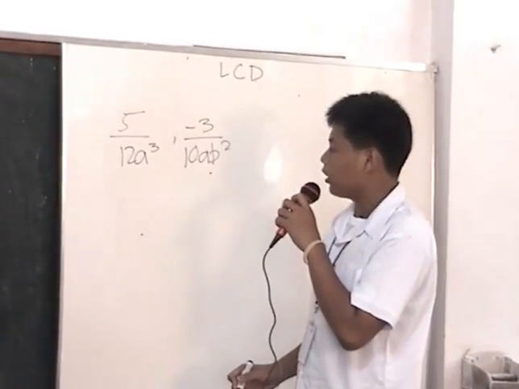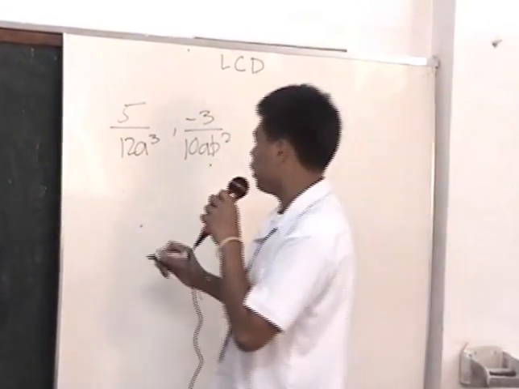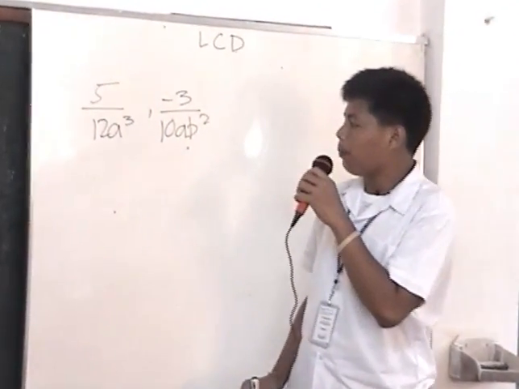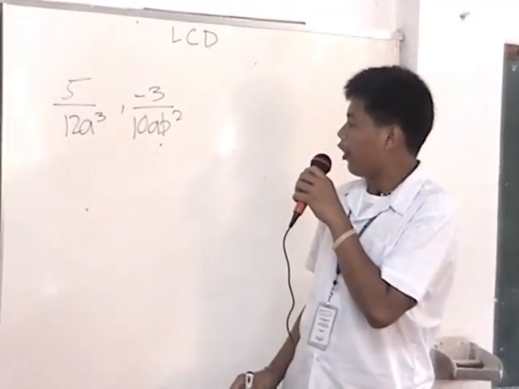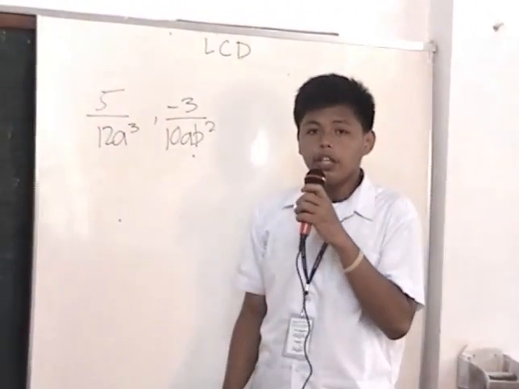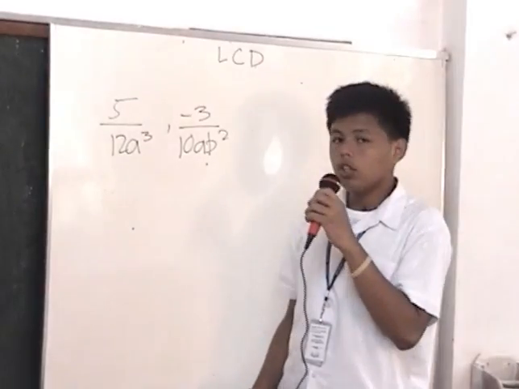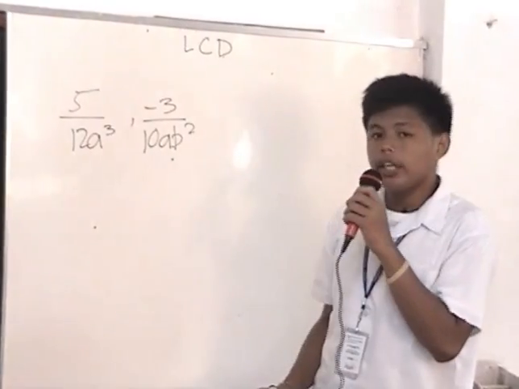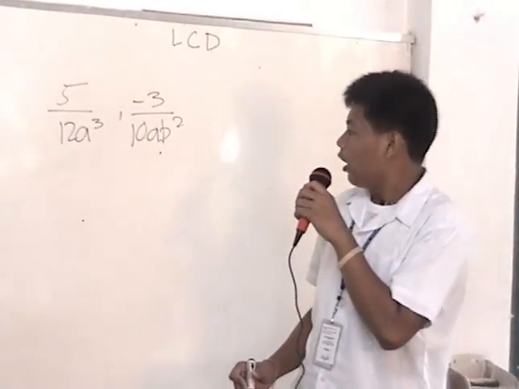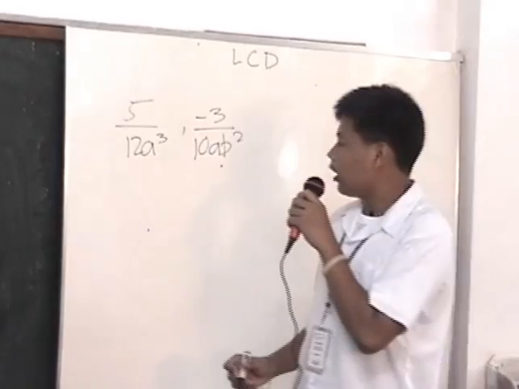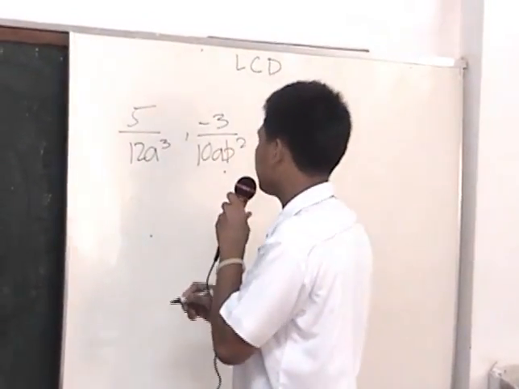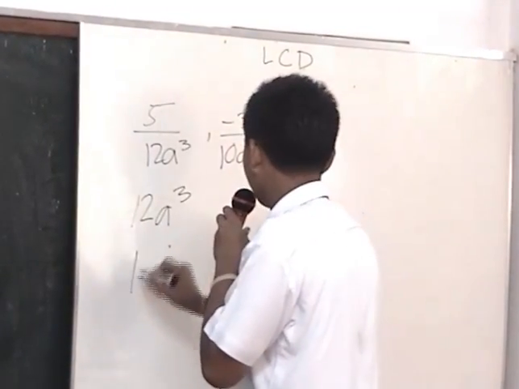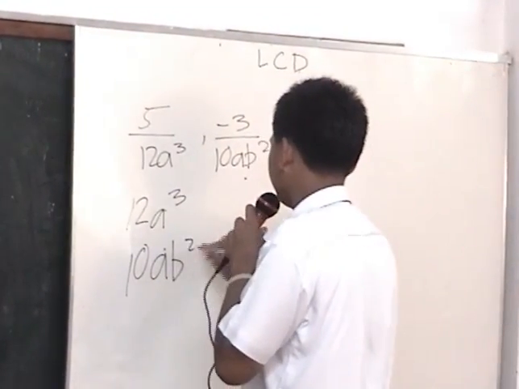First, we need to find the denominator of both expressions, which are 12A cubed and 10AB squared.